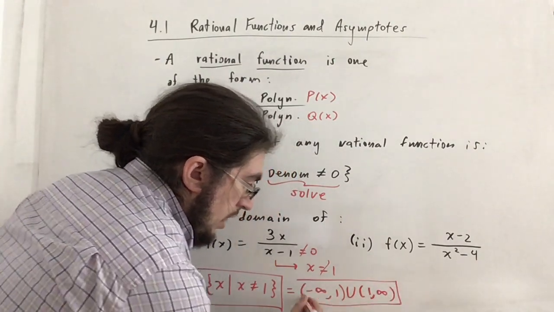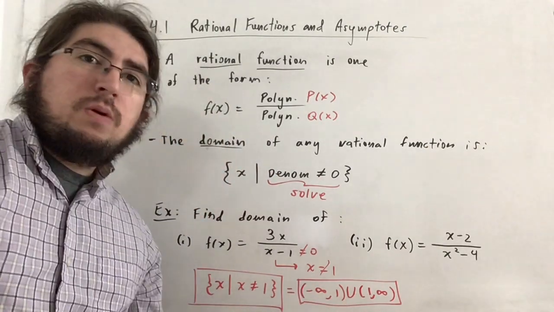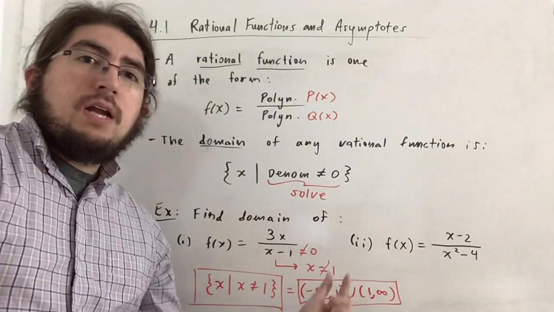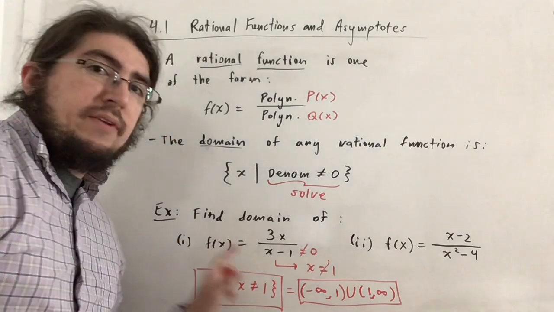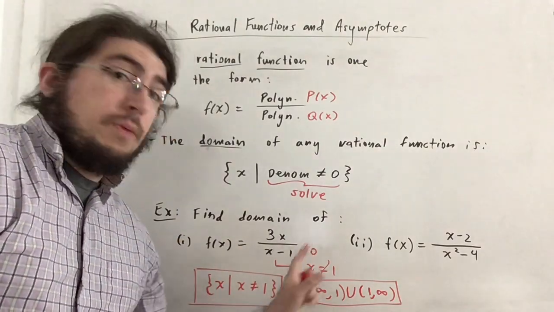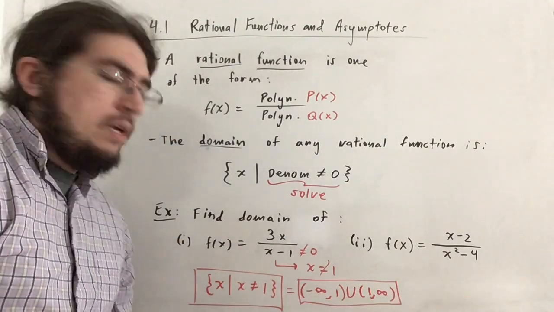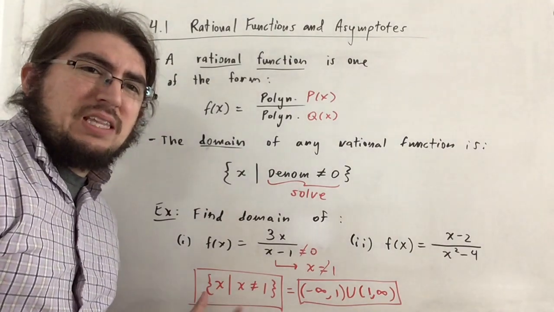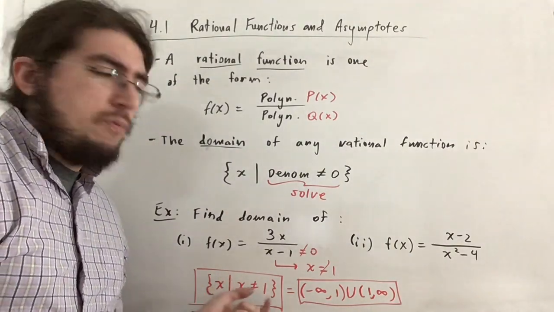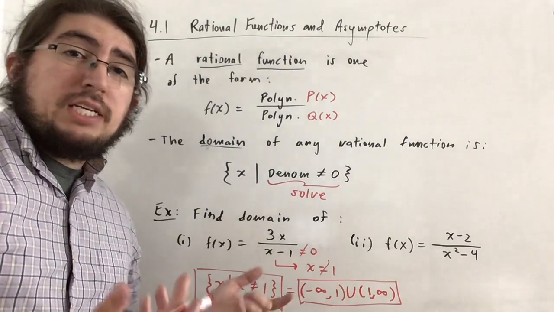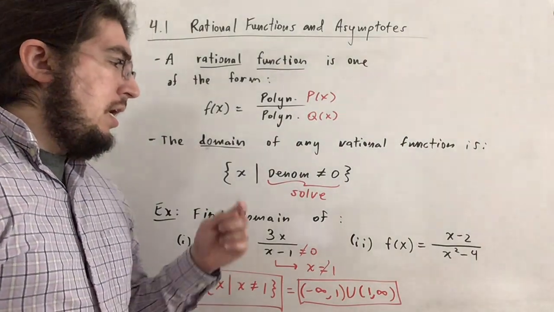So this is the union of these two intervals, meaning that it's every number except for 1, because we go from negative infinity to 1, but you don't touch 1. You jump over 1 and then you go to infinity. It's kind of easier to see the set builder notation version of that domain, but there it is in interval notation in case you're curious.